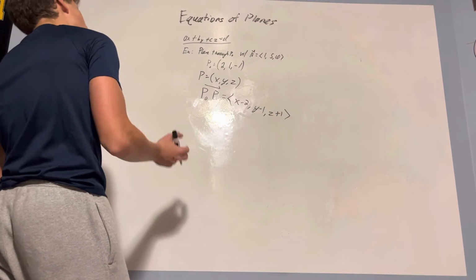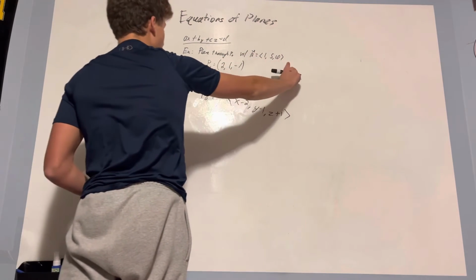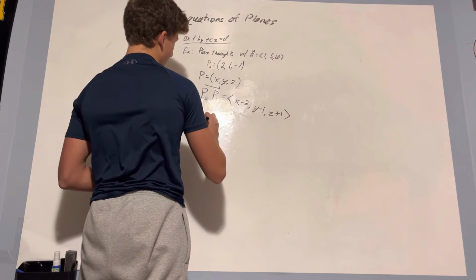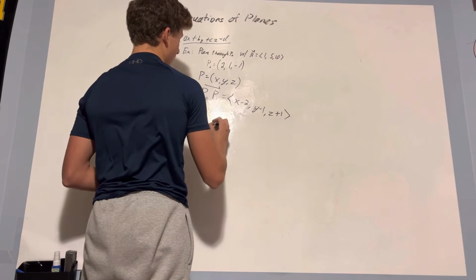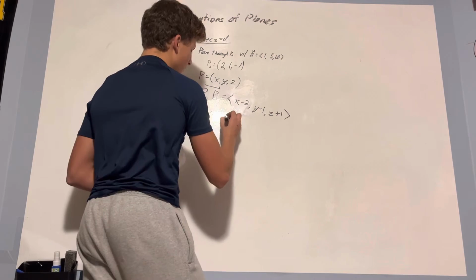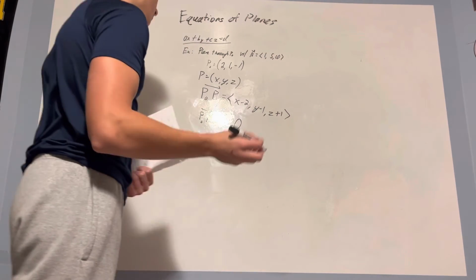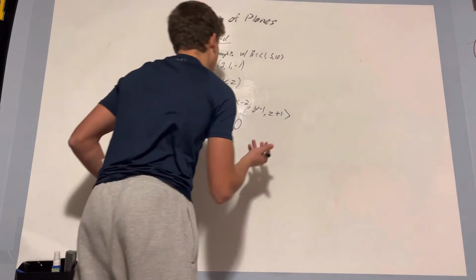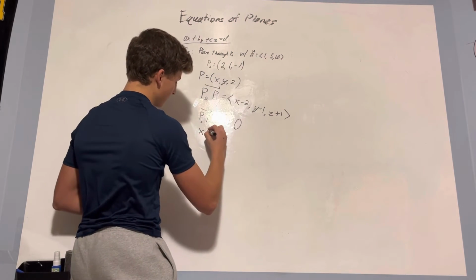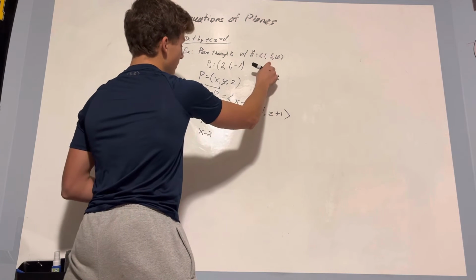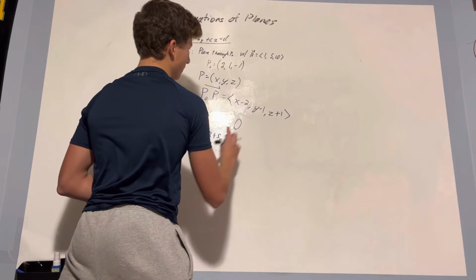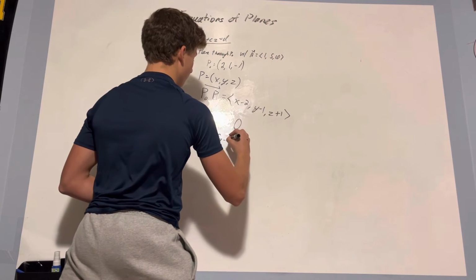And once again, now we know that if it has the normal vector 1, 5, 10, that means the dot product of P naught P with that normal vector n is going to be equal to 0. Okay, so let's do this. We have x minus 2 times 1, so x minus 2. Then y minus 1 times 5, so plus, I'm just going to expand it, 5y minus 5.